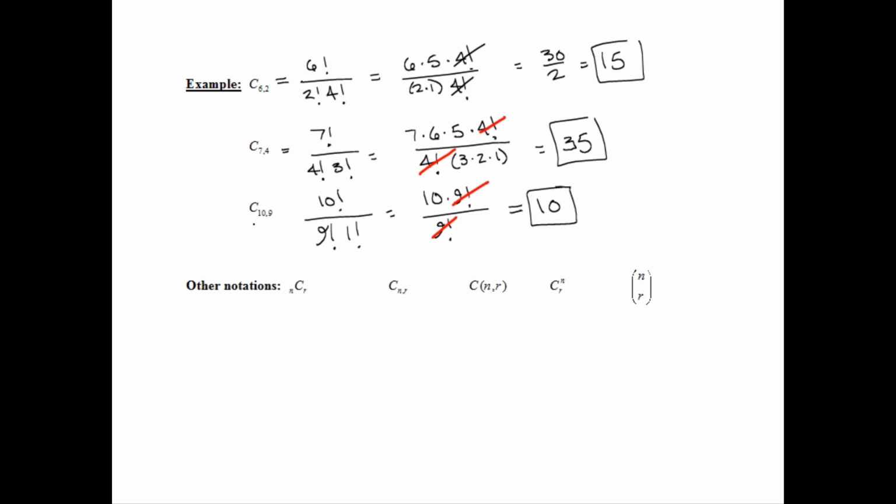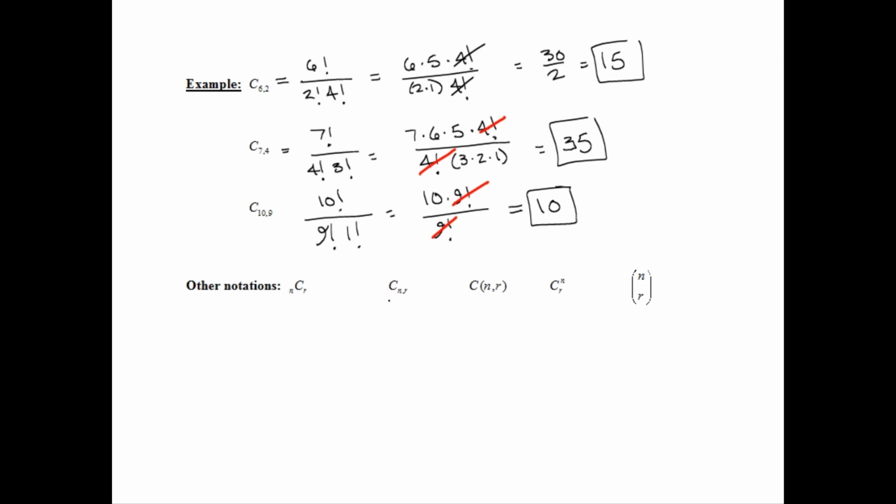What this is saying is that I have a group of 10 objects. I'm going to lay 9 aside. How many ways are there for me to choose 9 of them to be laid aside in a special group? Well, choosing 9 to lay aside is the same as choosing the one leftover that remains. How many ways are there to choose the one leftover? 10, because I have 10 objects in my group. And so therefore this turns out to be 10.